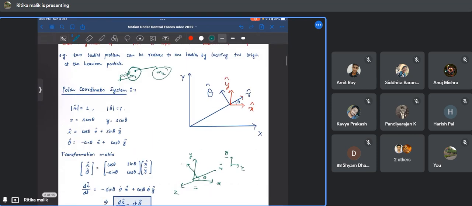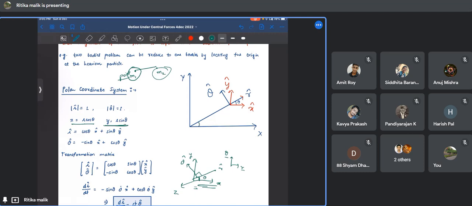This is the theta cap direction. The r cap direction makes an angle theta with the positive x-axis, and x is related to r by r cos theta, and similarly y is related by r sin theta.